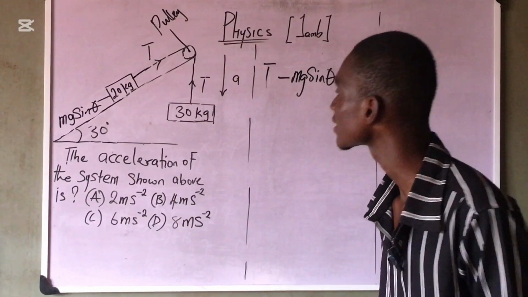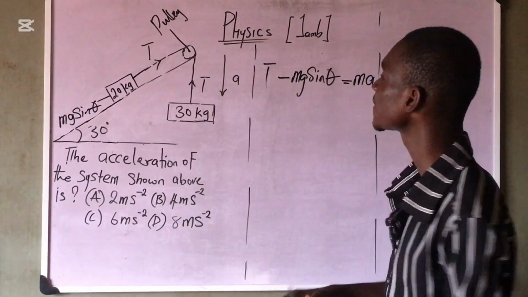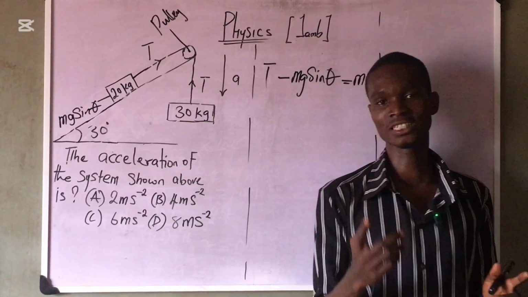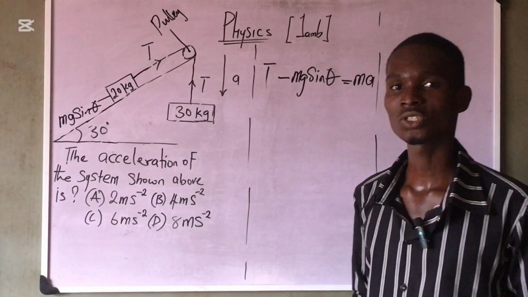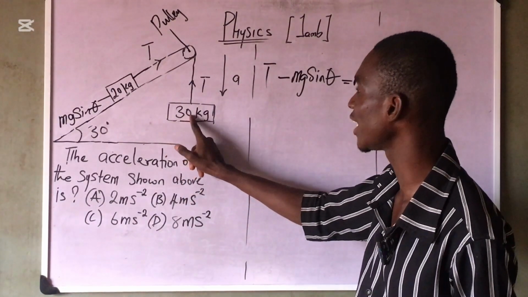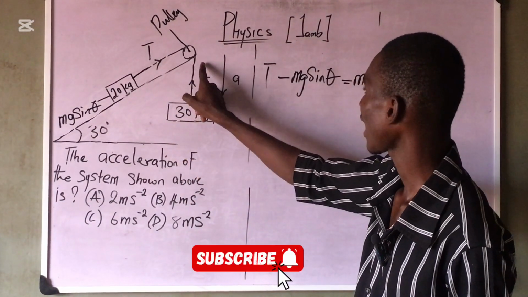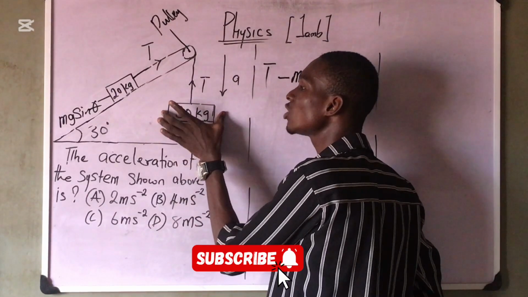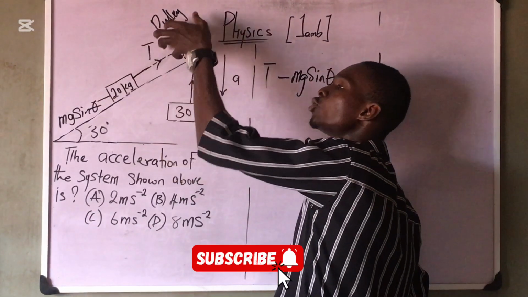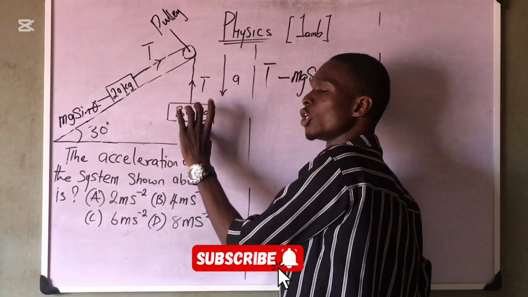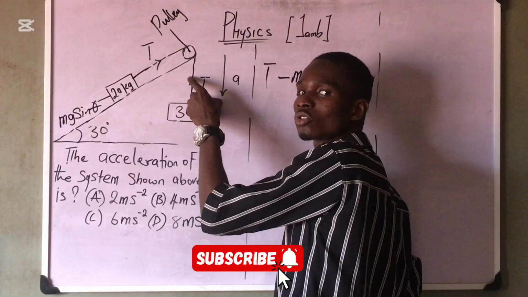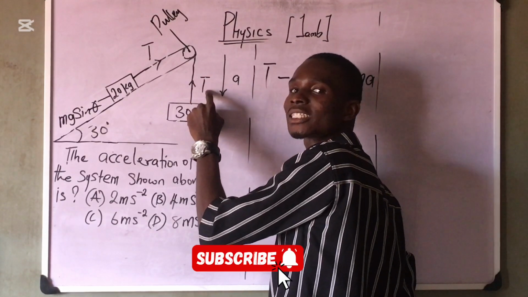At this point, towards this one, the tension here and the load here, which one will be greater? If it is a question, what do you say? If this is 30 kg, remember this load is used so that this object will be pulled up. So the point here is on the load. The load transfers the force to the rope, known as tension.